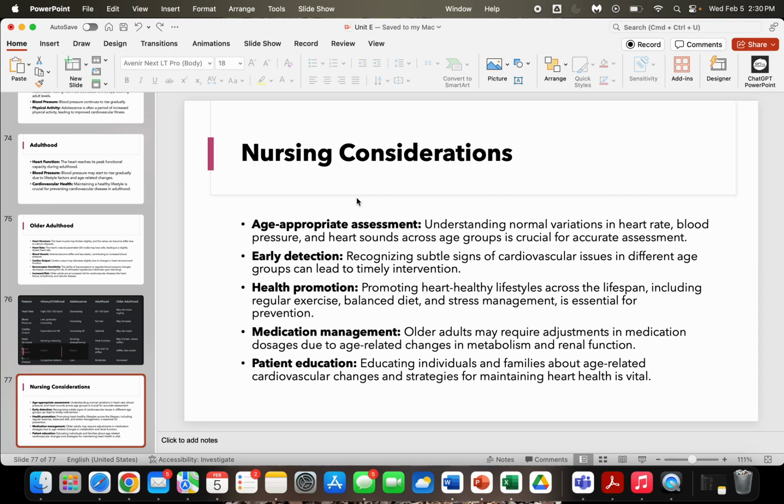Early detection of issues is super important, especially from a pediatric standpoint, which we'll talk about in a different lecture. Health promotion is very important across the lifespan. Heart-healthy diets are very important regardless of whether we have cardiovascular disease or not. Med management is very important. And then education. Patient education, as always, very, very important for patients, especially from a cardiovascular standpoint.